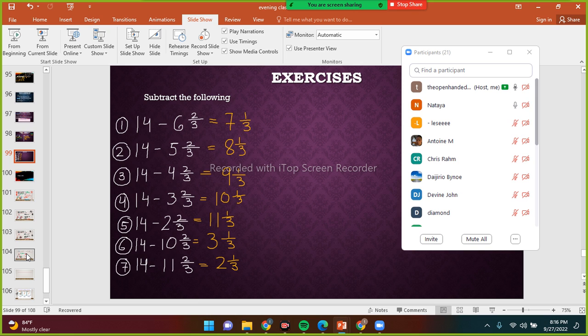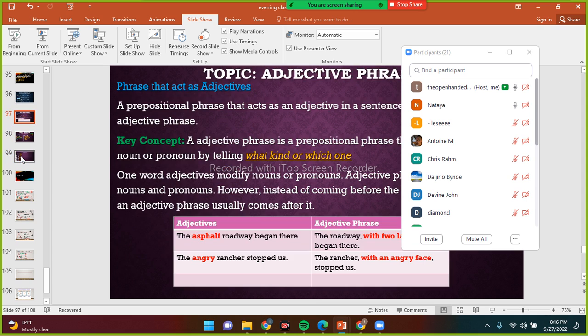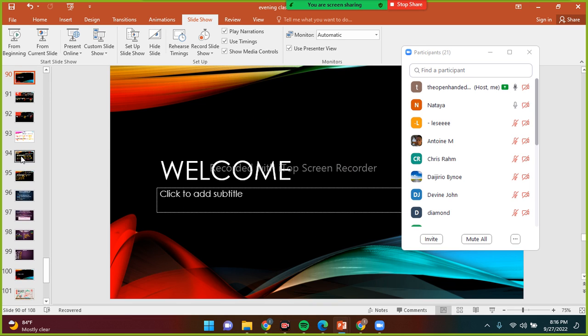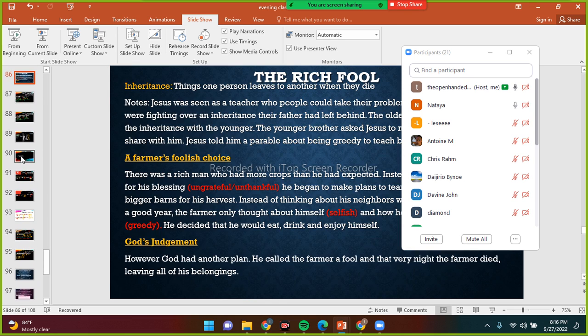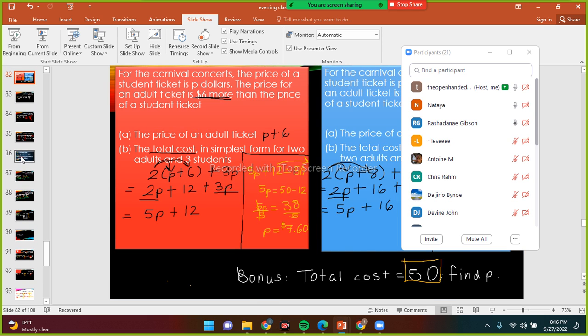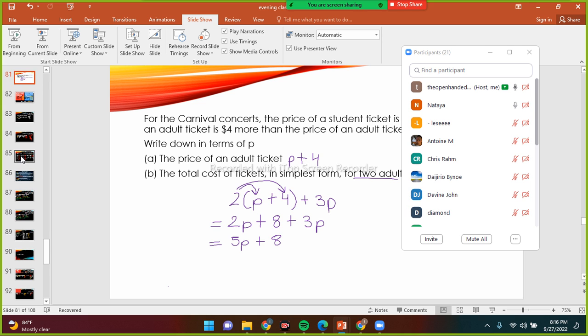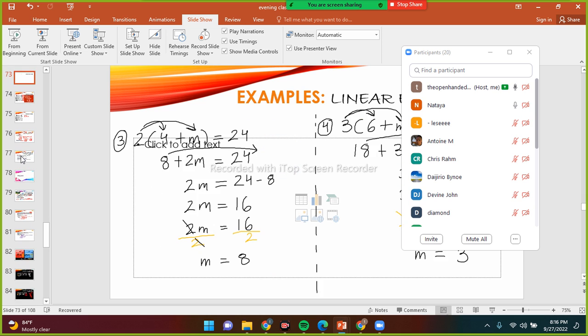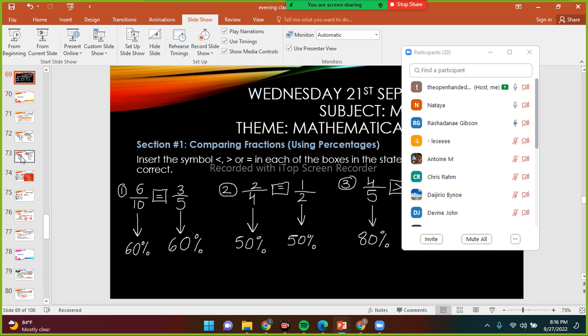Then we started talking about anatomy and physiology, didn't we? Anatomy deals with how the body looks, and physiology deals with how the body functions.